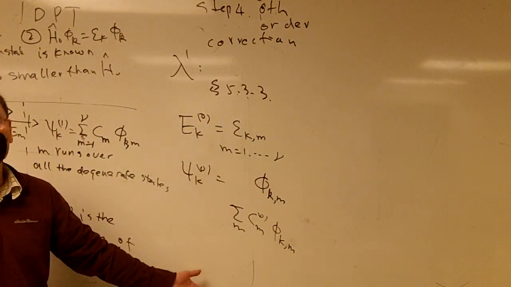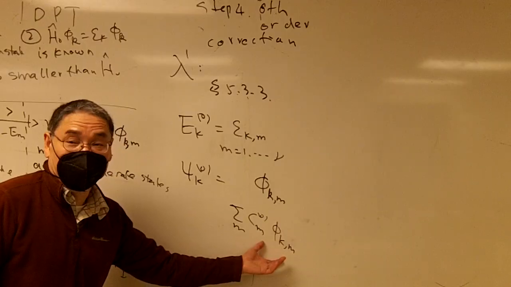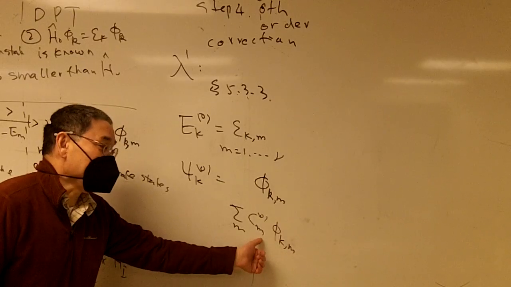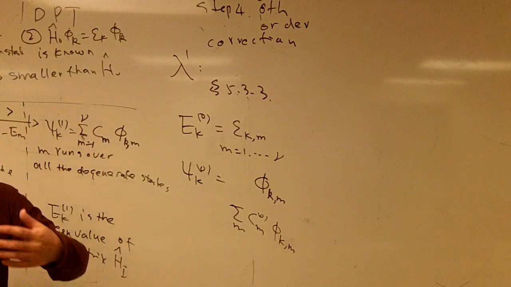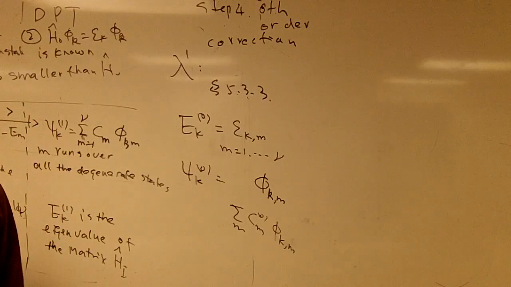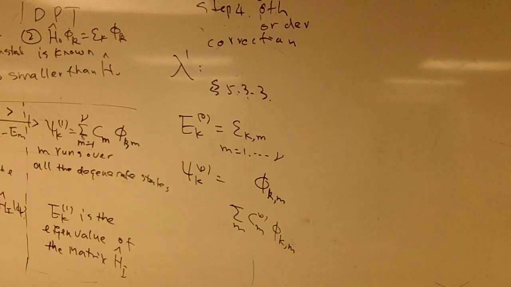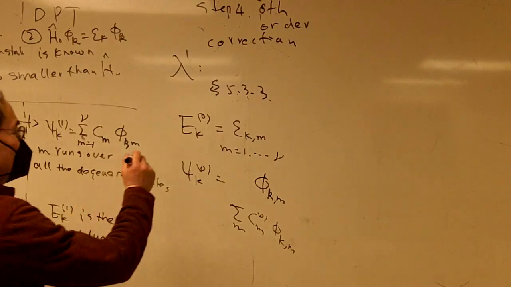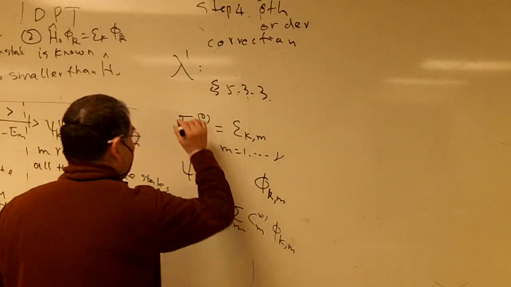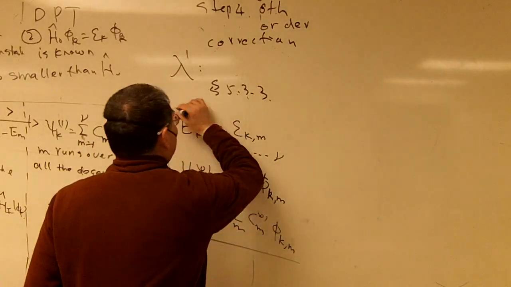It doesn't matter which one it is, because these are all degenerate, so you can choose any state. As long as you normalize it, this m can be arbitrary, so there's no difference. That's the zeroth order in this case.